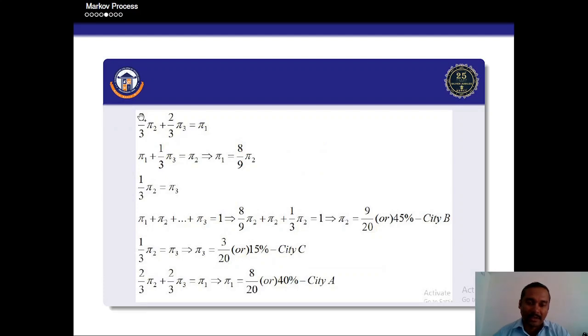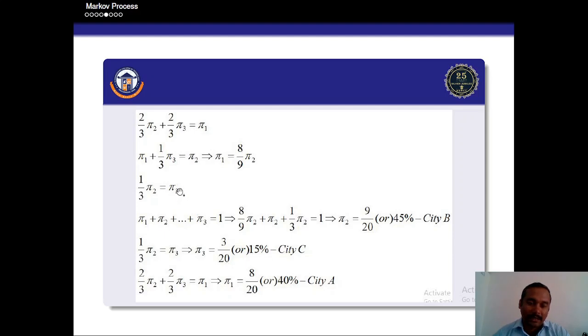So it is given here, 2 by 3 pi 2 plus 2 by 3 pi 3 equal to pi 1. Similarly, multiply the second and third column also, and also use the condition pi 1 plus pi 2 plus pi 3 equal to 1. Now calculate the values of pi 1, pi 2, pi 3 from these four equations.